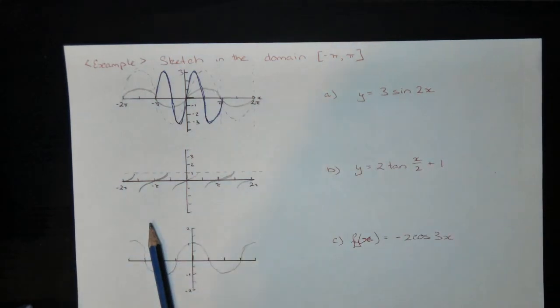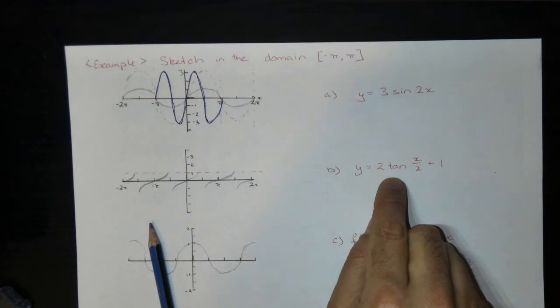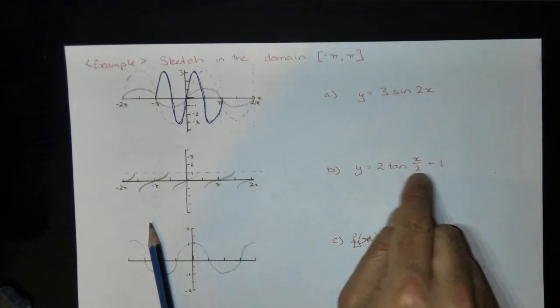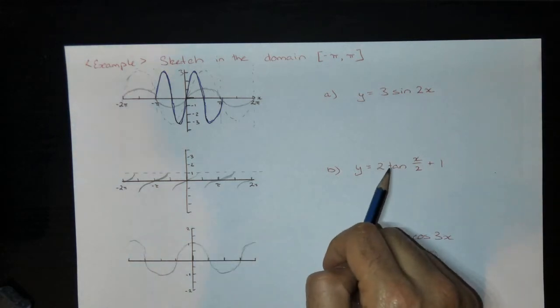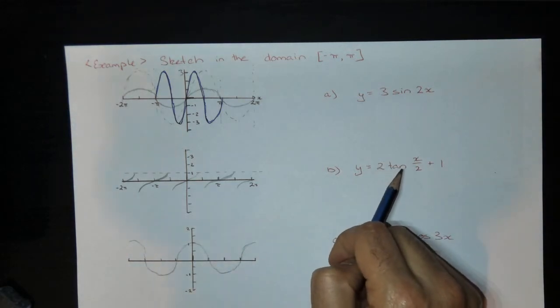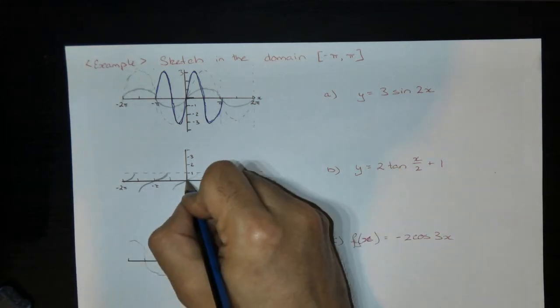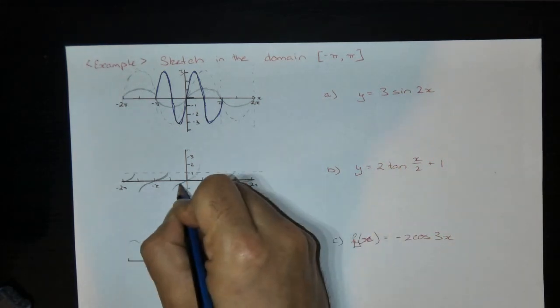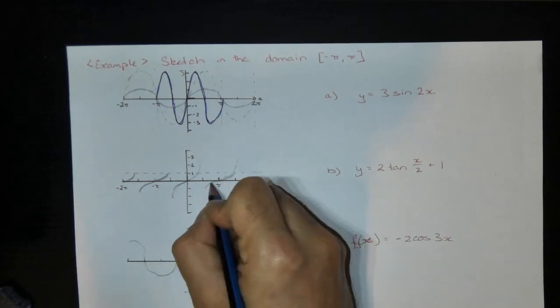And then in an exam, I could rub out all the pencil markings. Okay. So here we've got y equals 2 tan(x over 2) plus 1. So this factor of 2 isn't going to make it much different, except that we're going to get some larger values.